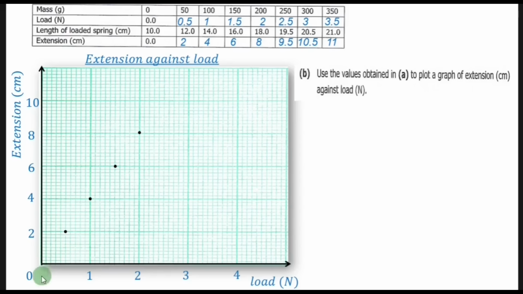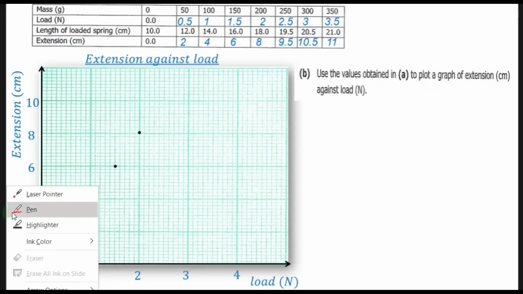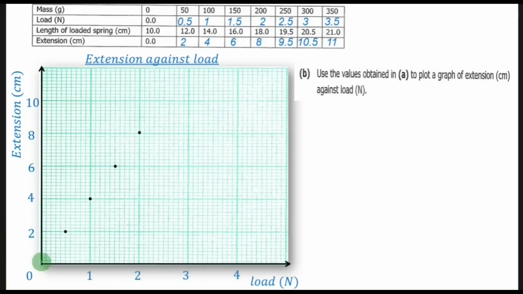Let me just come closer, it's quite tricky. So let me first use this one, maybe here. So this is 2, 4, 6. Okay, so I will say 0, 0.2, 0.4, 0.6, 0.8, 1, 1.2.